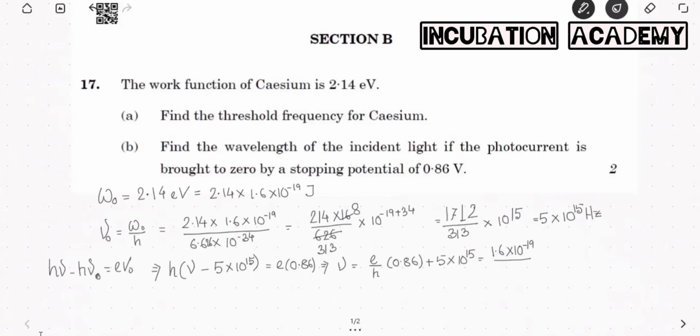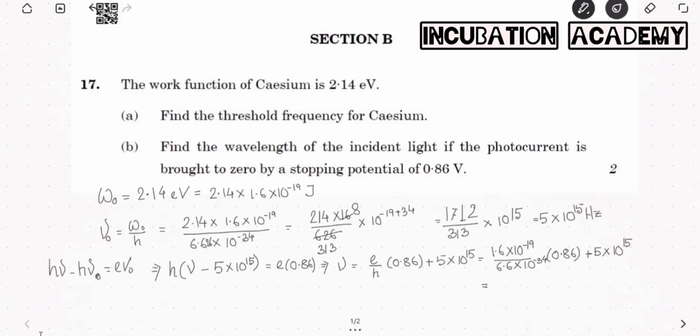What is the value of h? It is 6.626, so let us make it 6.6 multiplied by 10 to the power minus 34, multiplied by 0.86, plus 5 into 10 to the power 15.